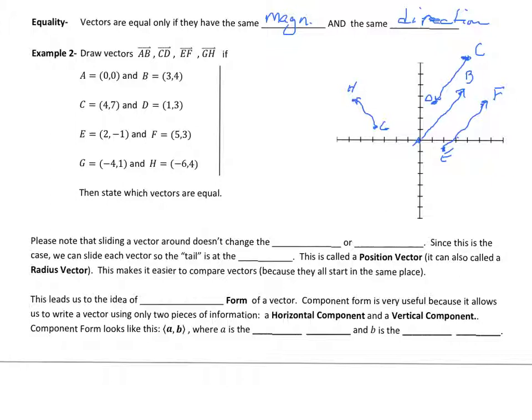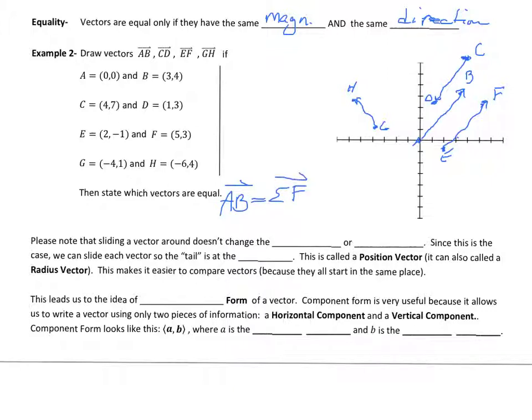Now, which two look to be equal? Which two have the same magnitude and same direction? So again, that would be the same length and same direction. Okay, if I had drawn a little better. Yeah, AB and EF.